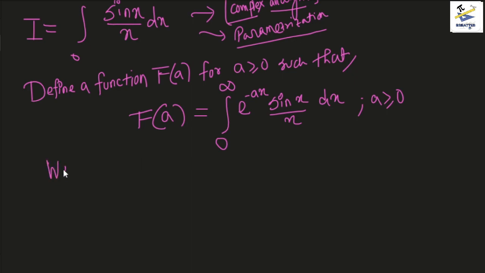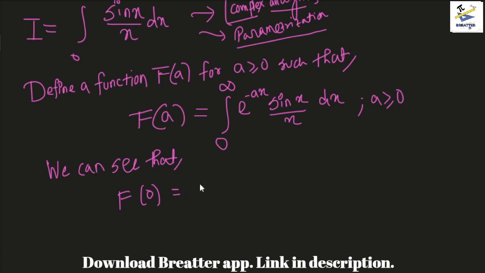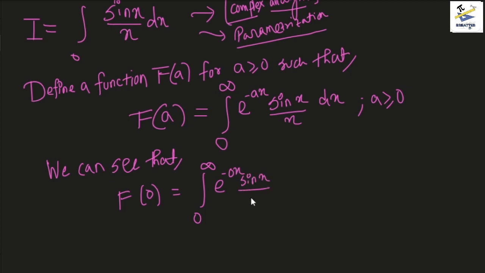We can see that f of 0 is defined, and it is defined as 0 to infinity e to the power minus 0x sine of x by x dx, which equals 0 to infinity sine of x by x dx. So f of 0, the function, is basically the desired integral which we are trying to find the value of, right?